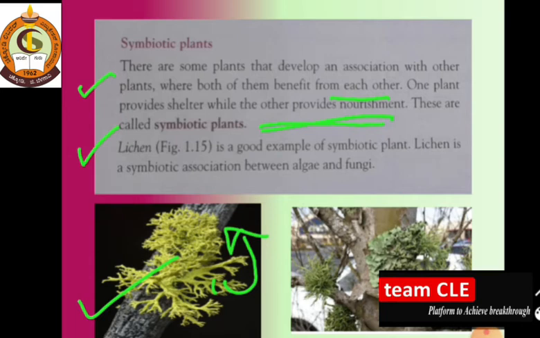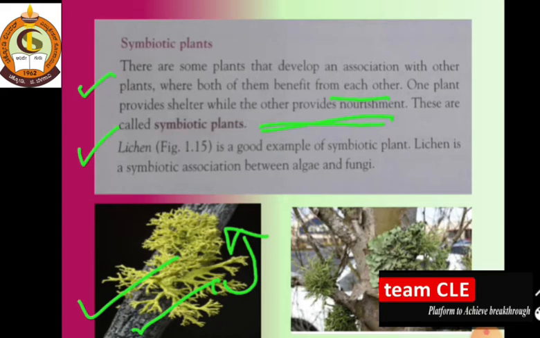Again, lichen has some more classification, but for your syllabus this much is enough: lichen is a good example of symbiotic plants, and lichen is the symbiotic association between algae and fungi.